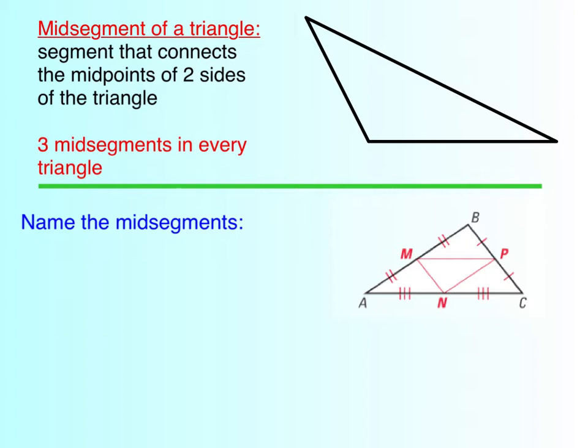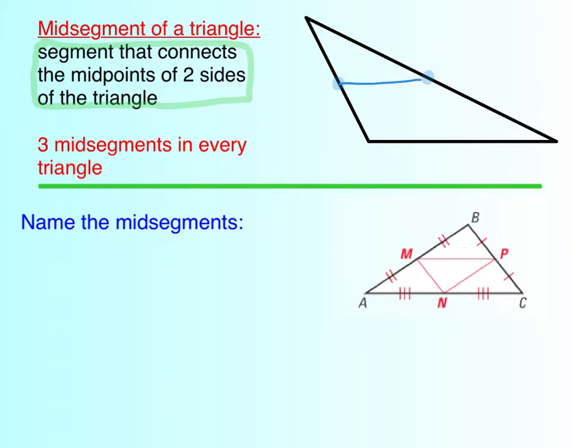Alright, so let's take a look at our definition here. A midsegment is a segment that connects the midpoints of two sides of the triangle. So if you look at this triangle here, if I found that is the midpoint of the long side and that was the midpoint of that side, then my midsegment would be that segment right there.